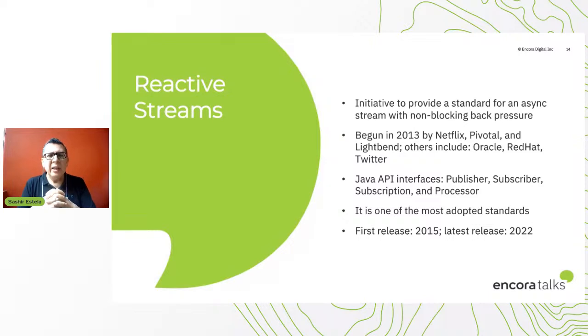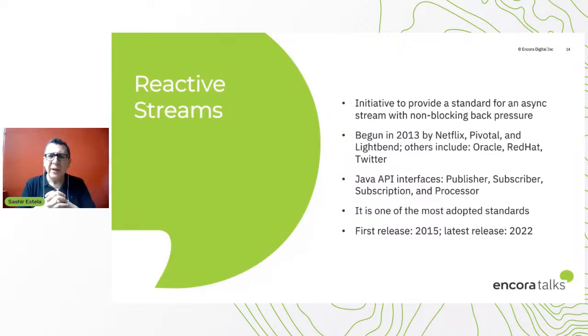The first version was released in 2015, and the last release was in 2022. It was started by Netflix, Pivotal, and Lightbend, and other companies like Oracle, Red Hat, and Twitter. This standard proposed Java API interfaces.